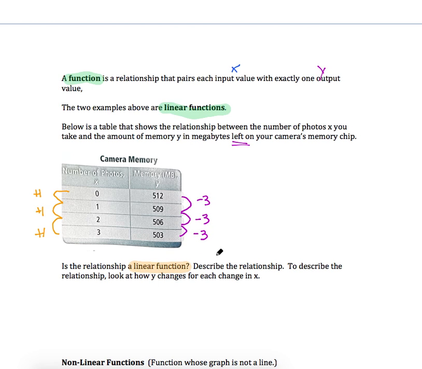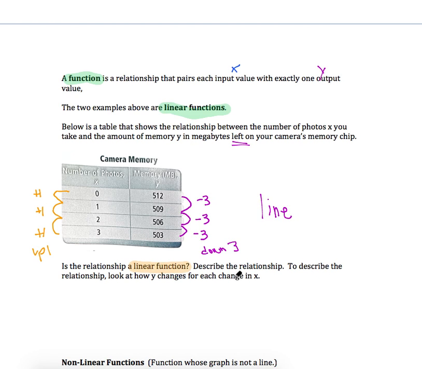So notice that we have a consistent pattern for my x's. They were always going up 1. We have a consistent pattern for my y's. We're going down 3. So since we have a consistent pattern for both the x's and the y's, this would graph to a line.